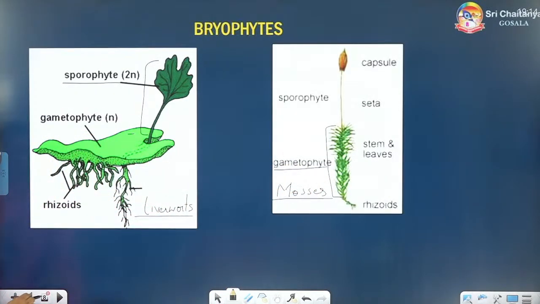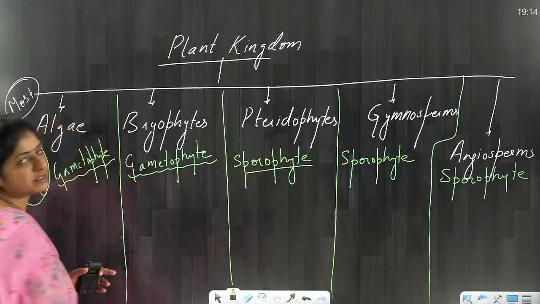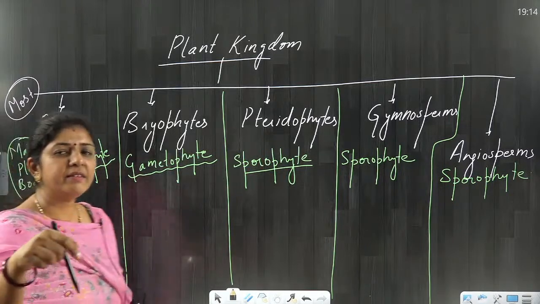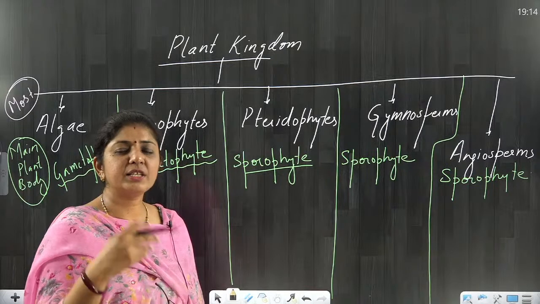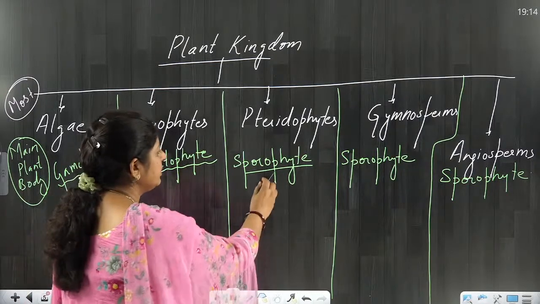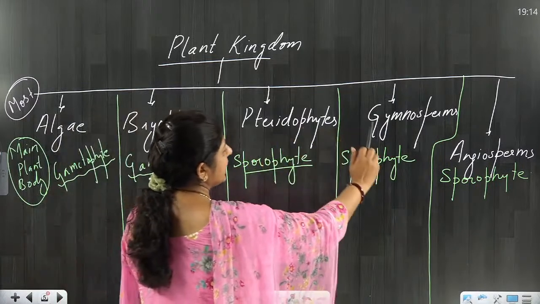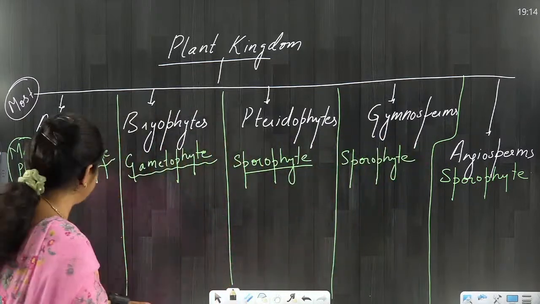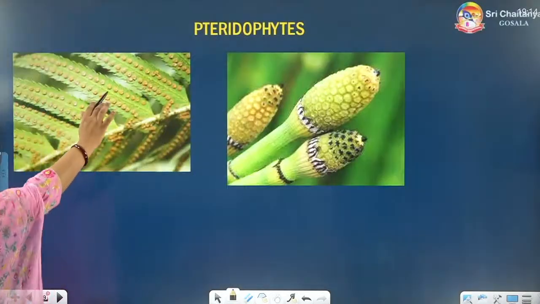Then after this, what is there? Pteridophytes. Wherever you find pteridophytes, the dominant main plant body will be the sporophyte. Let's see respectively the sporophyte of pteridophytes, gymnosperms and angiosperms. If I take pteridophytes, it will be like this.